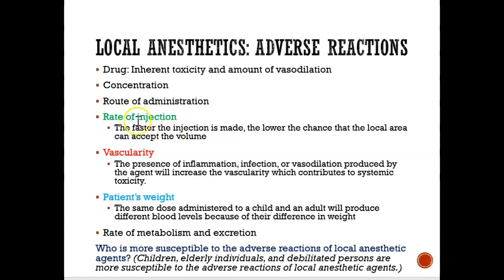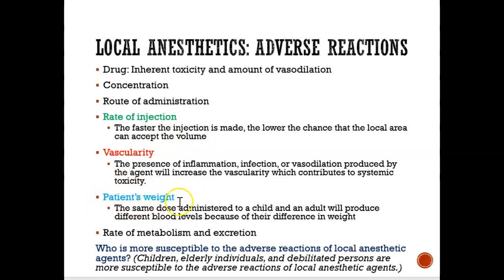Another reason is that you need to allow the area, or the gums, to have room to accommodate the local anesthetic. If you inject it really fast, there's not much chance for that area to accept all that solution. So inject it slowly so that it makes room for the solution to go into the area.